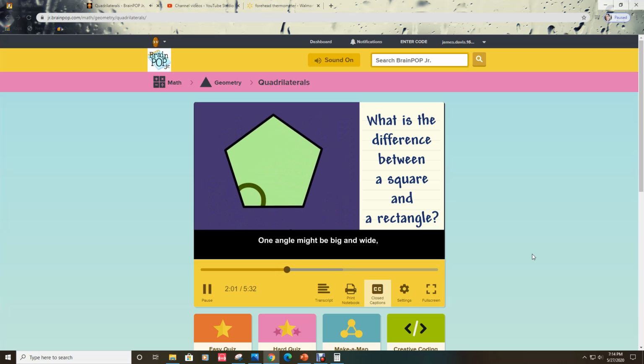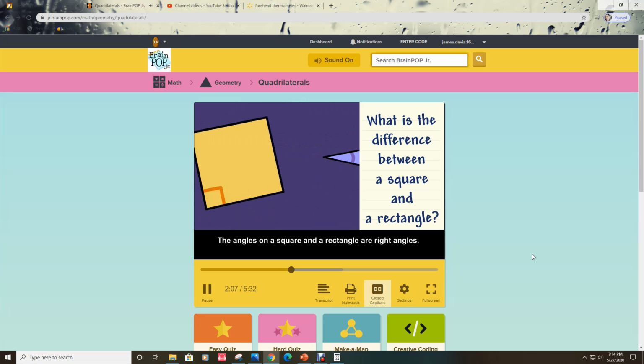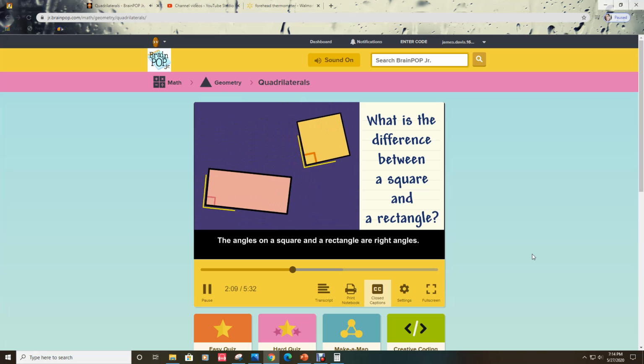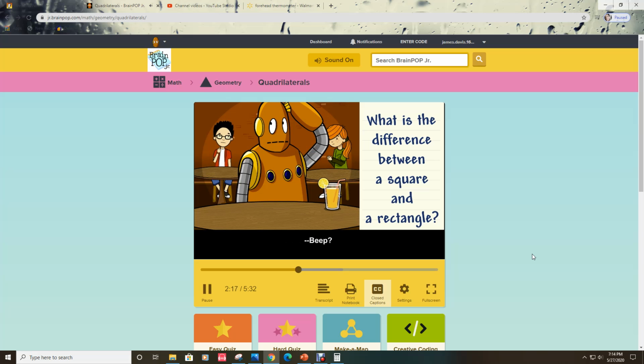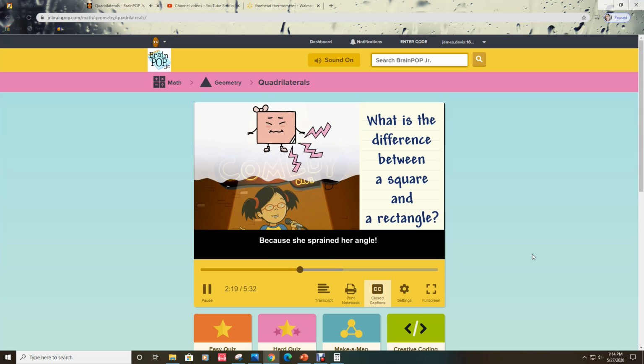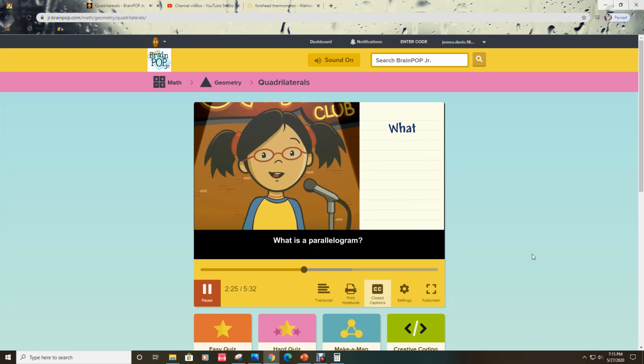One angle might be big and wide, and another might be narrow and small. The angles on a square and a rectangle are right angles. Why did the square miss class? Because she sprained her ankle. What is a parallelogram?